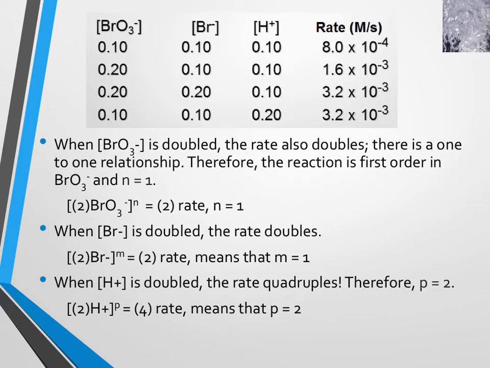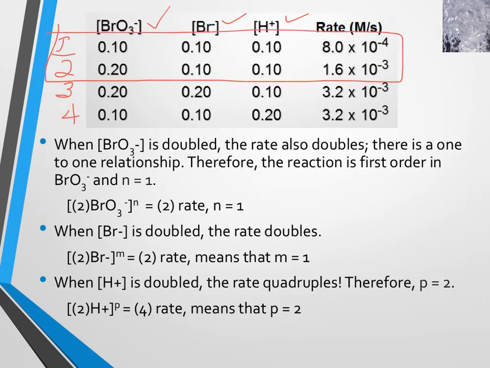So I hope you were able to at least do some of it on your own. And here we go. Let's look at the bromate ion first. That's called bromate. It's kind of a funky ion. If we're investigating it, we want the concentration of the other 2 reactants to be held constant. So the first thing to do is determine which experiments will hold the other reactants constant, and that would be experiments 1 and 2.